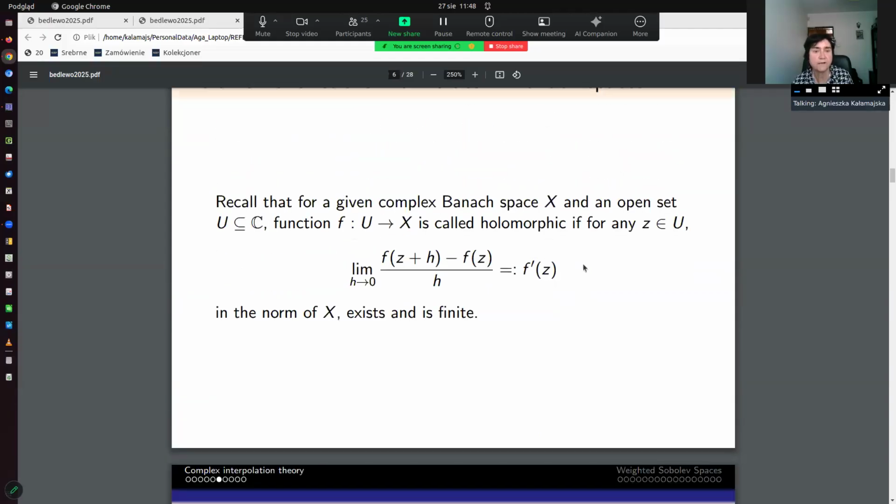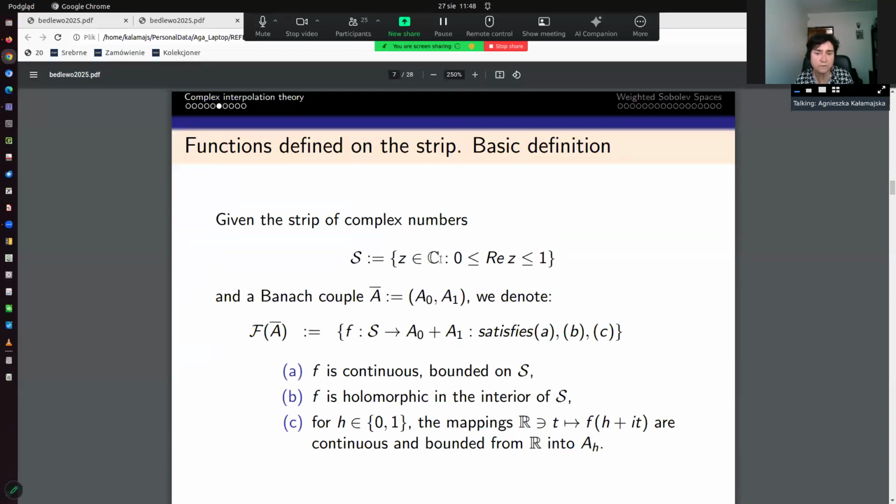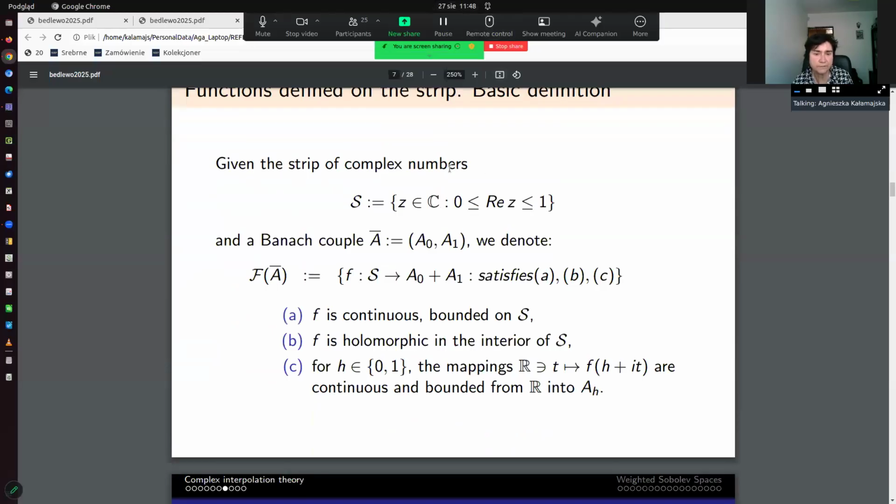In this sense, as a function from U, which is the interior of the strip, to X, which is A0 plus A1. That function must be holomorphic as a function with values in A0 plus A1.